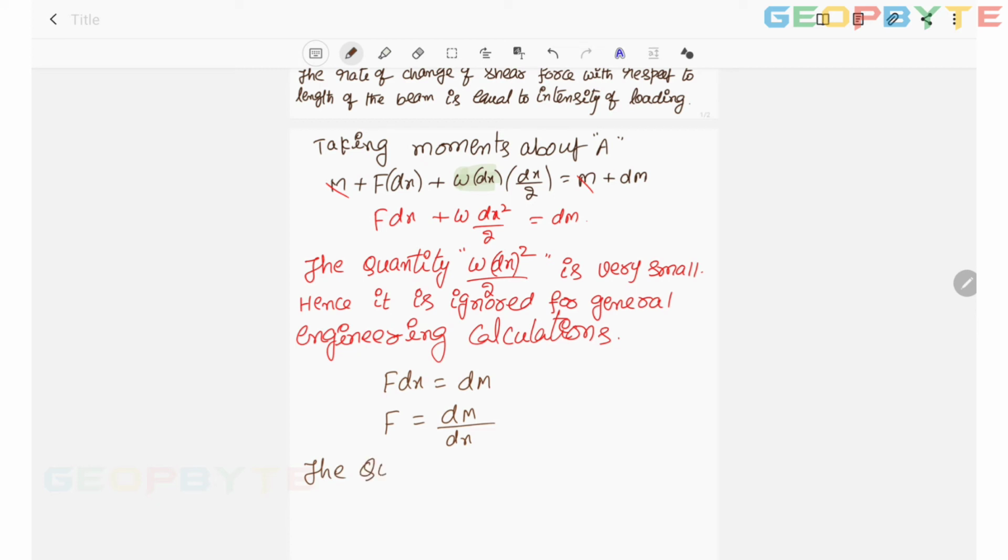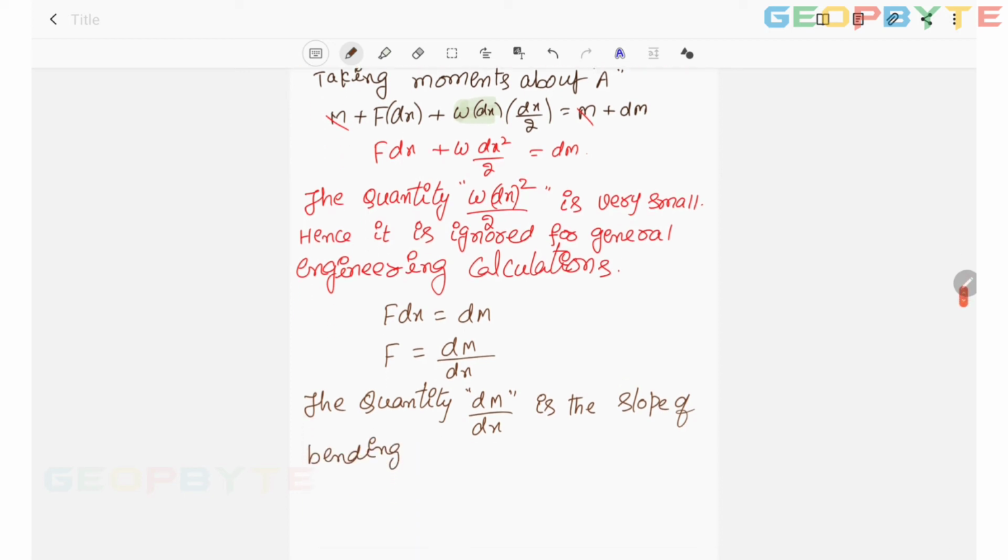The quantity dM by dx, important point, is the slope of the bending moment curve.